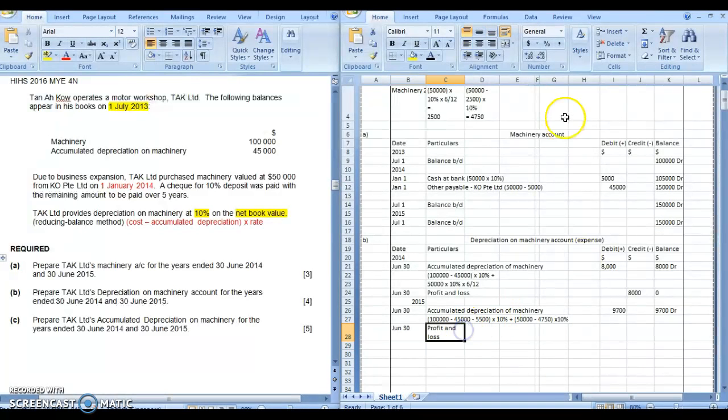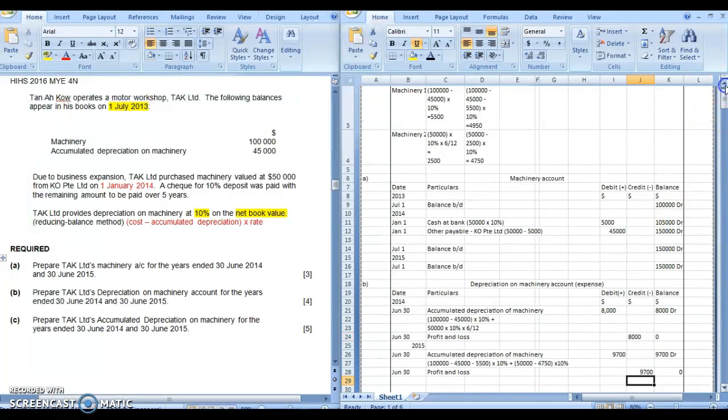So we are going to credit the amount 9,700. So yep, this is how you prepare the depreciation account, whereby you must take note, you must always close off to the profit and loss. So doing this working initially helps, and it'd be good if you just write it on your piece of ledger paper when you submit the answer as well.